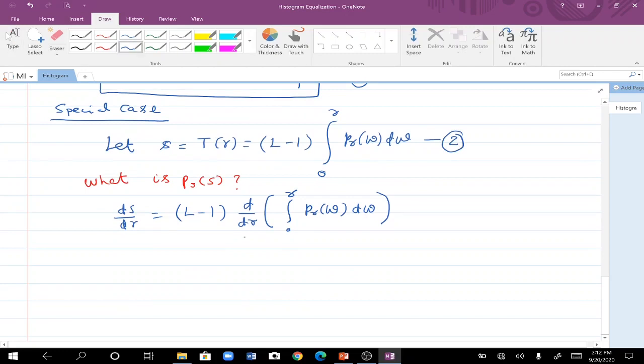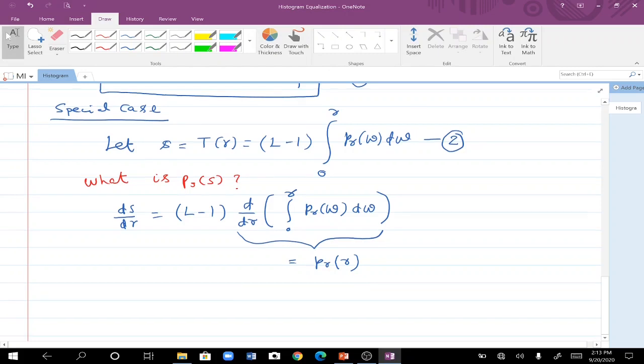And again, a basic fundamental result in calculus: if you are integrating with respect to R, the integration is from 0 to this R, and then you are using a dummy variable omega, this would be equivalent to PR of R. So this derivation and integration in a way cancels out intuitively, and this would eventually be equivalent to its value computed at R.